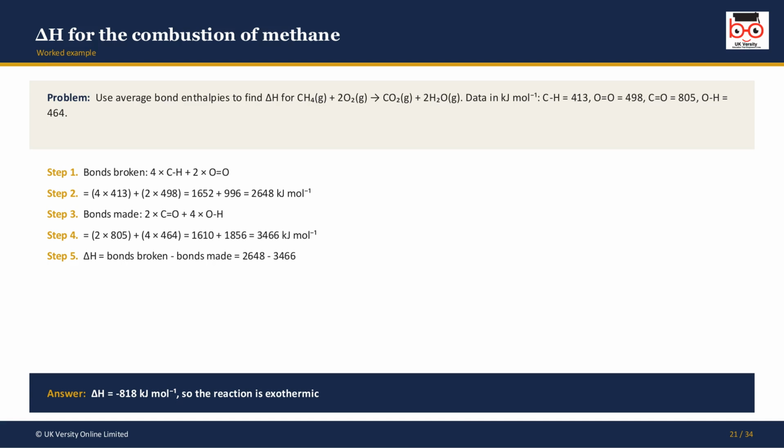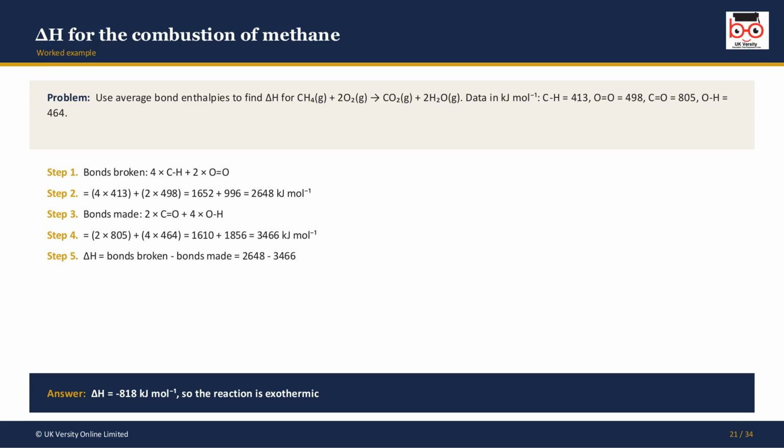Let's work through the combustion of methane. We break 4 carbon-hydrogen bonds and 2 oxygen double bonds, so that's 4 times 413 plus 2 times 498, giving 1652 plus 996, which is 2648 kilojoules per mole going in. Then we make 2 carbon-oxygen double bonds and 4 oxygen-hydrogen bonds.